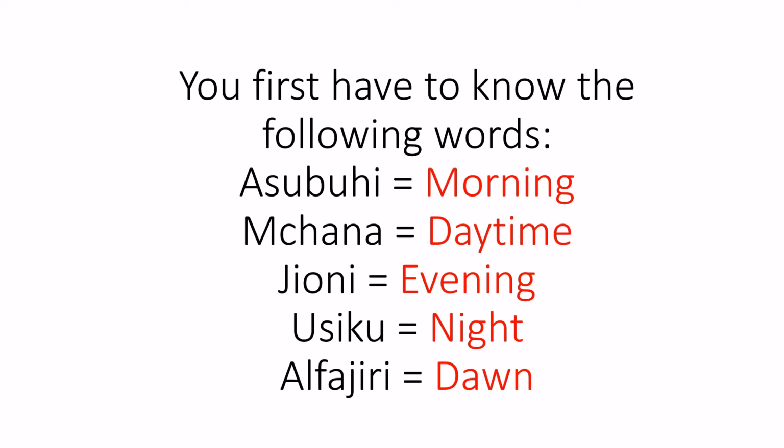Jioni means evening. Usiku, which is night. Alfajiri means dawn.